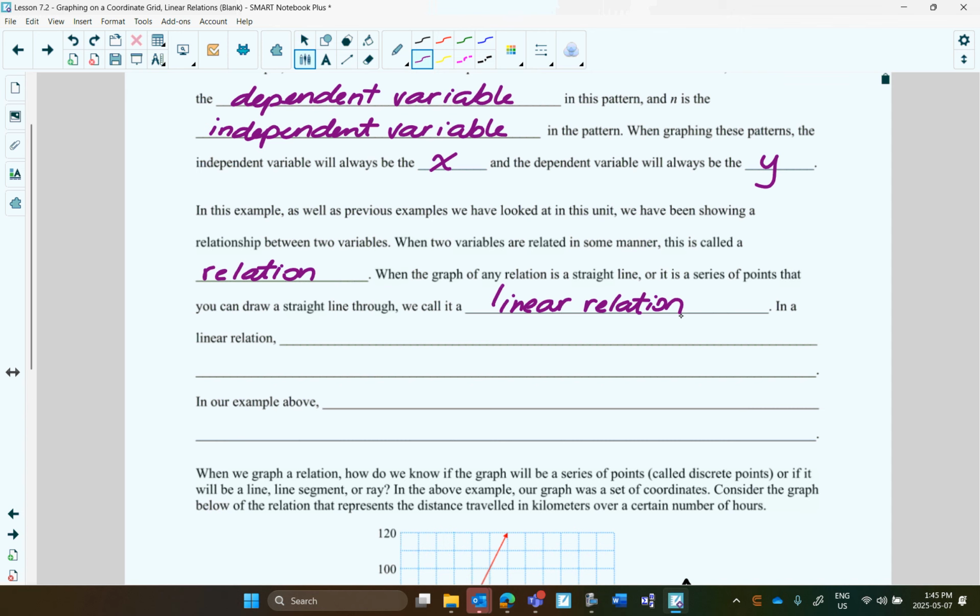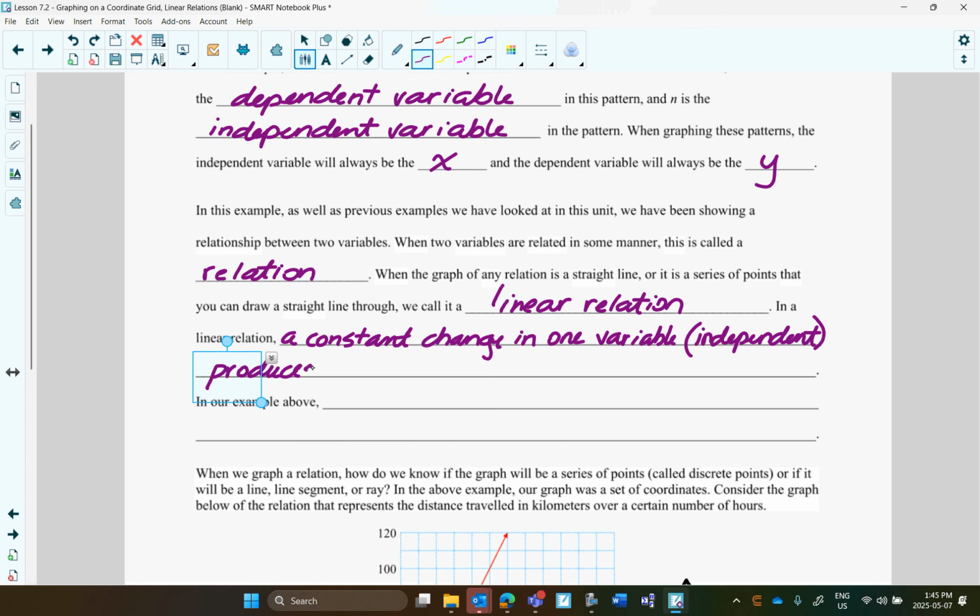In a linear relation, a constant change in one variable, usually the independent, produces a constant change in the other, which would be the dependent.